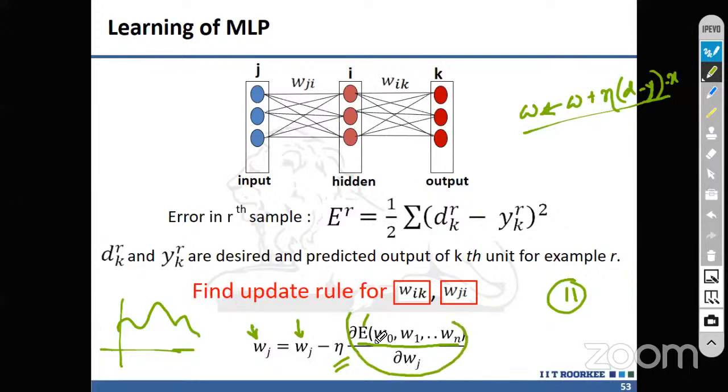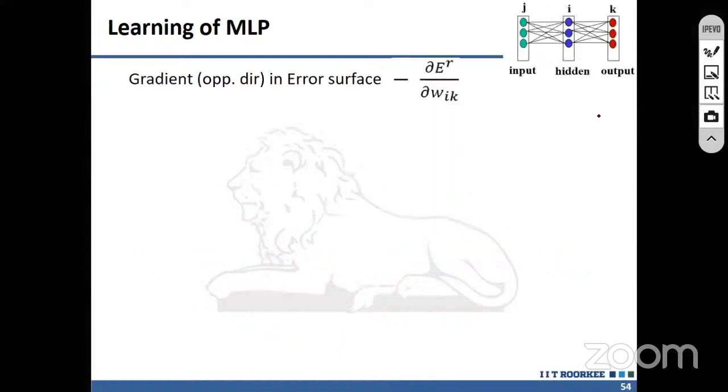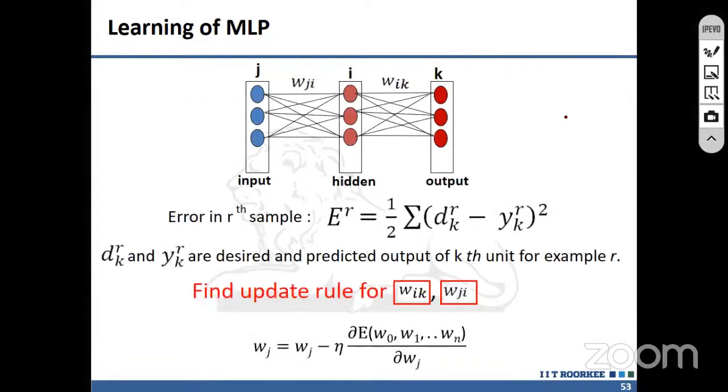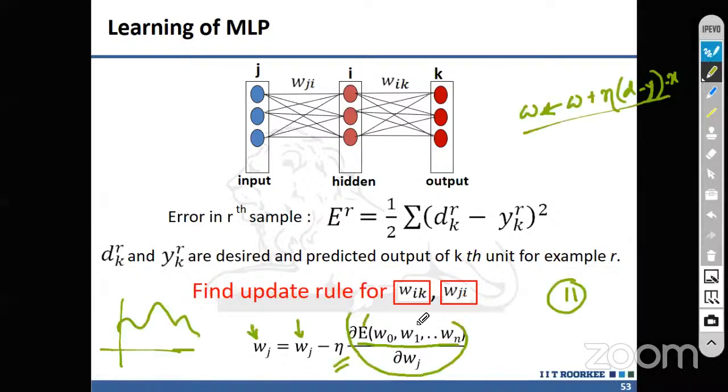It is eta times delta E, where E is the error, by the partial derivative with respect to W. Now we have to do these calculations. So first we have to solve del E by del W.